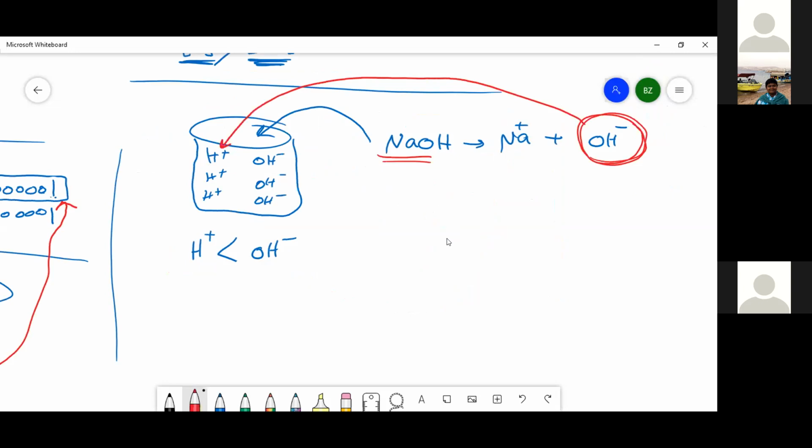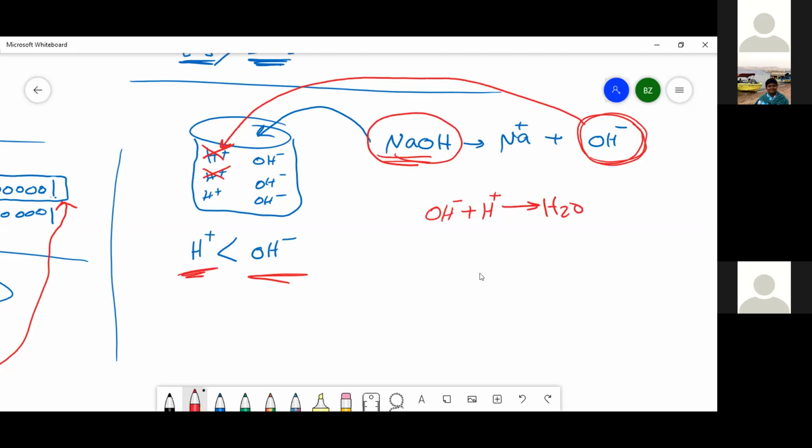OH minus reacts with H plus, so it becomes H2O. That means OH minus, which comes from NaOH, cancels H pluses from the water. That's why we say the H plus becomes less than OH minus. You got the point?